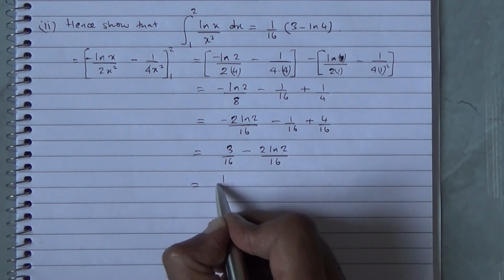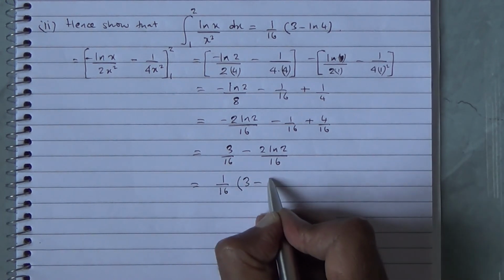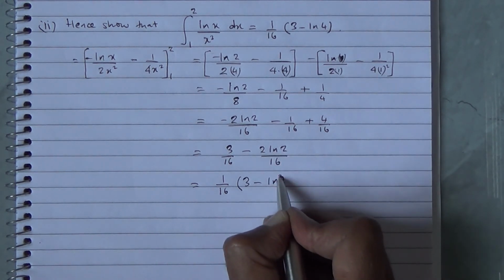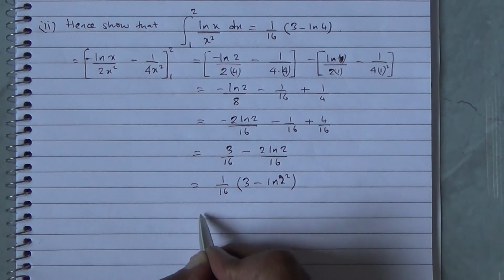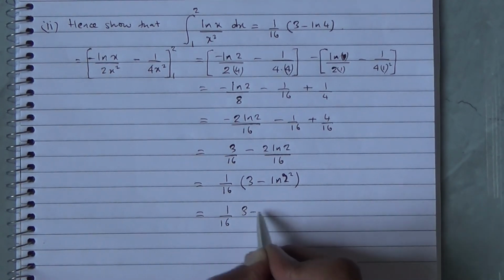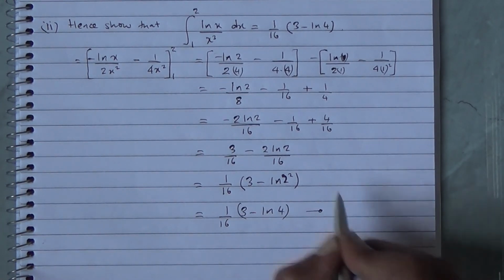The 1 over 16 can go outside. I've got 3 minus ln 2 to the power of 2. And therefore I end up with 1 over 16 into 3 minus ln 4. Here we are, it's been shown.